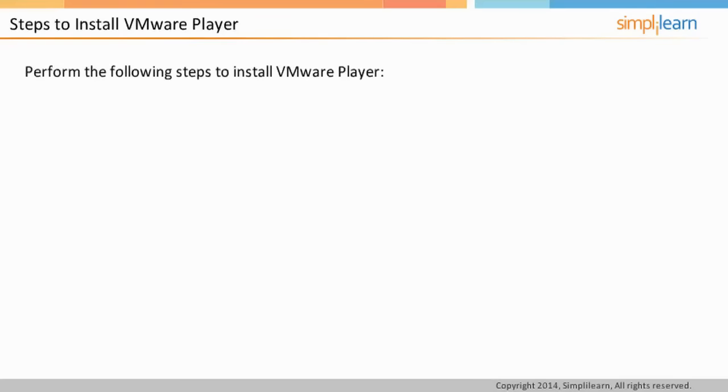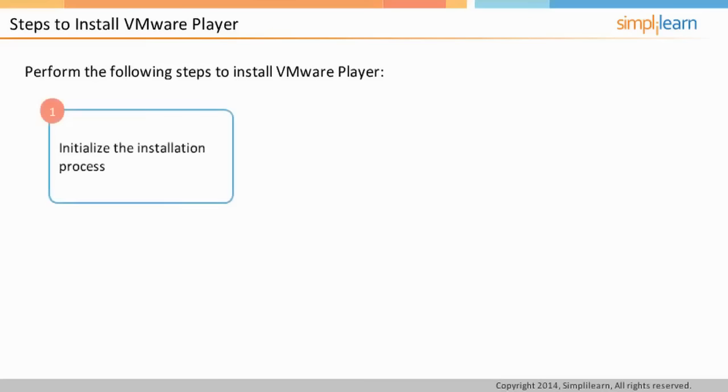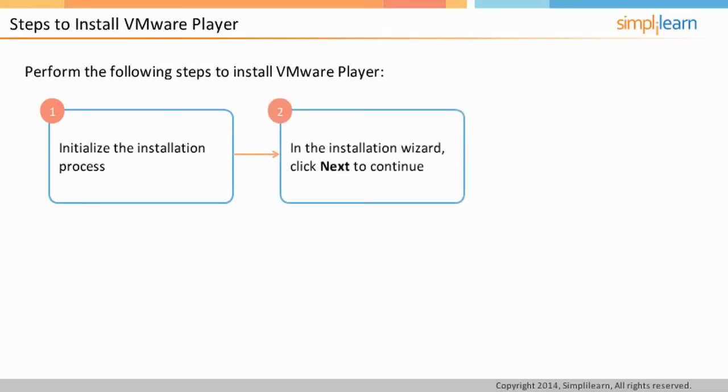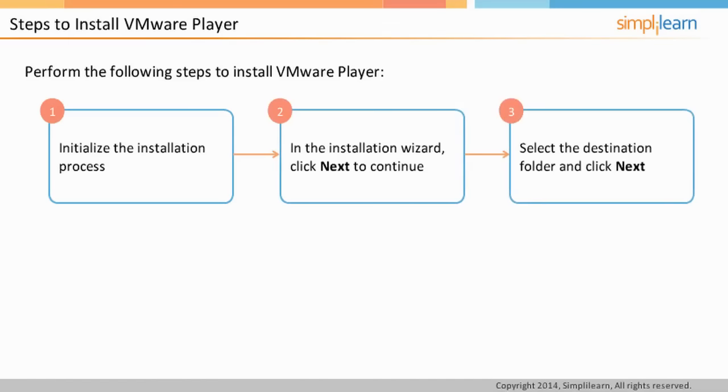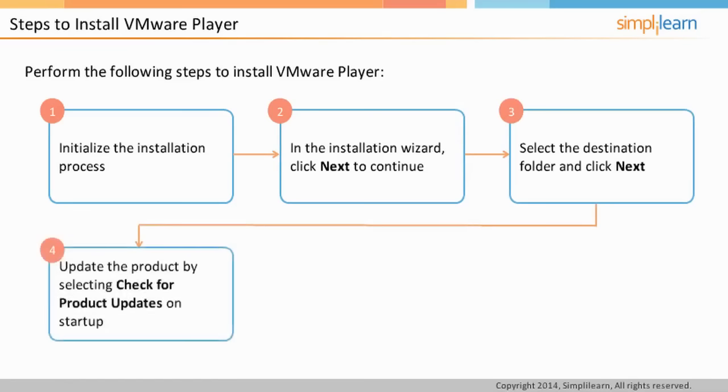Perform the steps shown on screen to install VMPlayer. Initialize the installation process. In the installation wizard, click Next to continue. Select the destination folder and click Next. Upgrade the product by selecting Check for Product Updates on Startup.